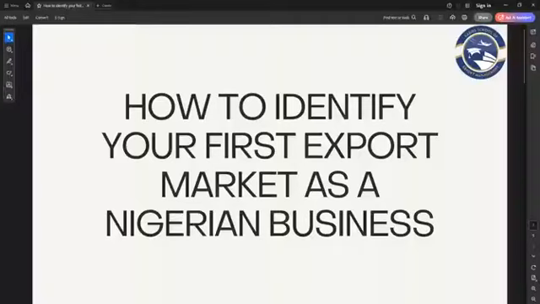So we'll be talking about how to identify your first export market as a Nigerian business. So what are the things that you need to know to select or to choose your export market, the market that you want to be exporting to?